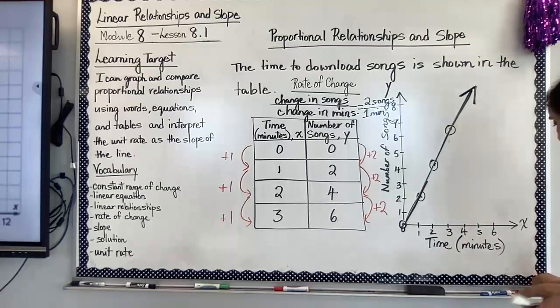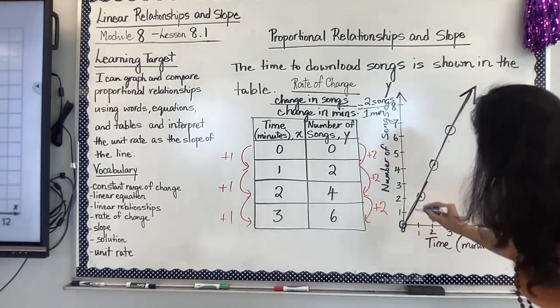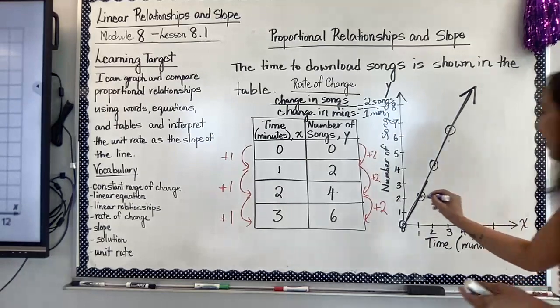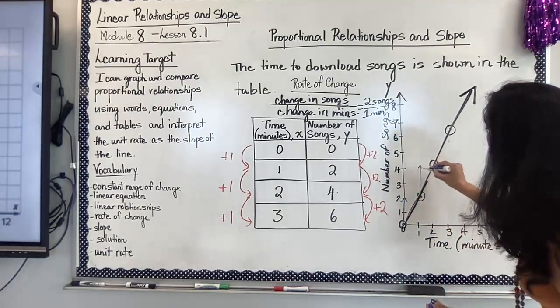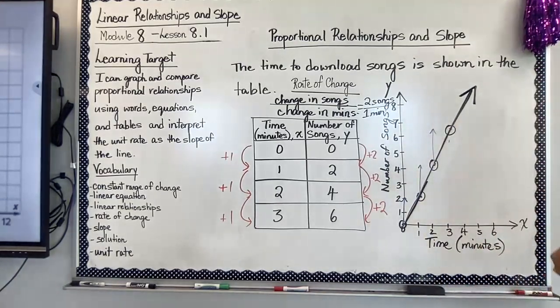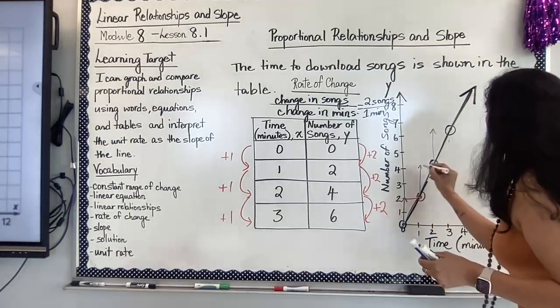So if you want to look at this, it's going up like this, and from here to here, I'm going to do all the ups first, and then here to here, all the ups, and then you can see here.